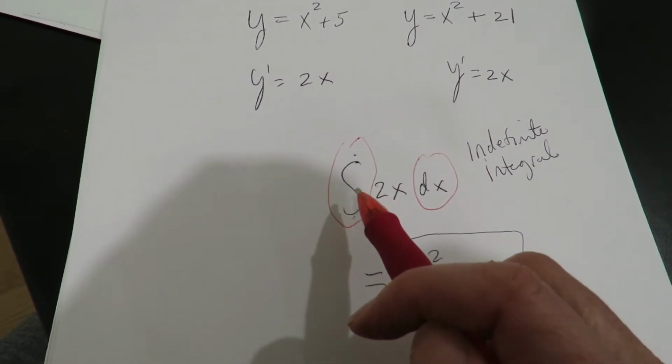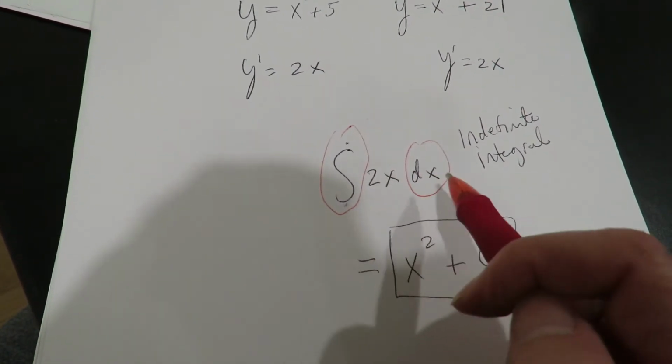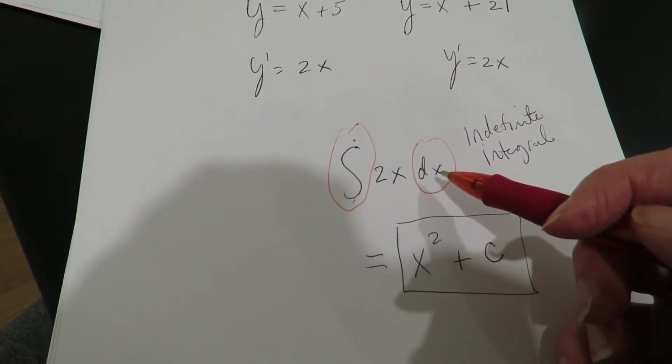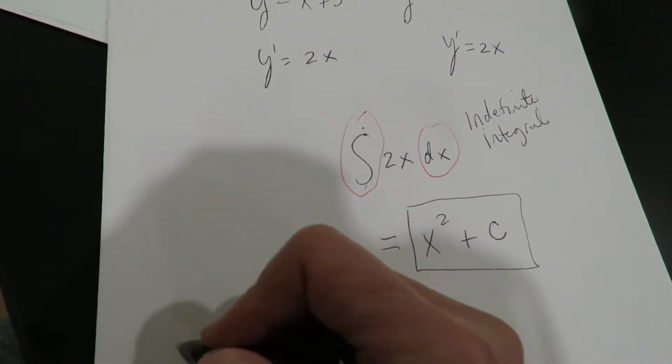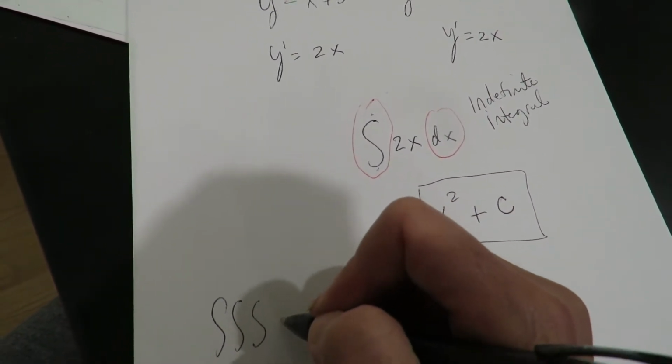I want you to think about this sign and this sign. They go together. They're like a Batman and Robin team. This just basically says that I'm integrating in respect to x. And as you go up the ladder of mathematics, this can get really complicated. We're not going to do this, but let me just give you a for instance.